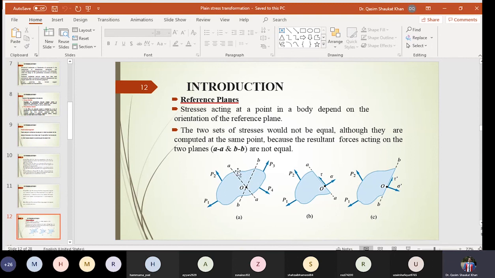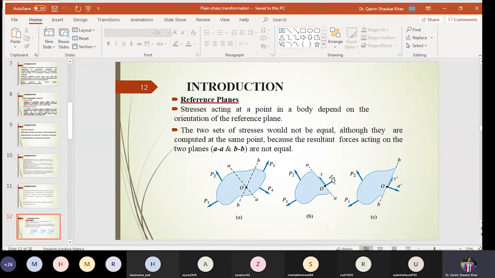So if I cut the body into two halves along the plane AA, I get this figure. And you can see in this section P1 and P2, these are the two external forces acting. This is the O, this is the plane above which you have cut the element.